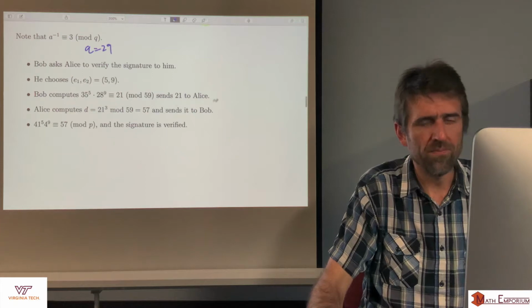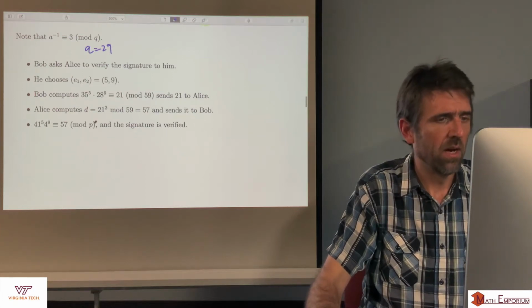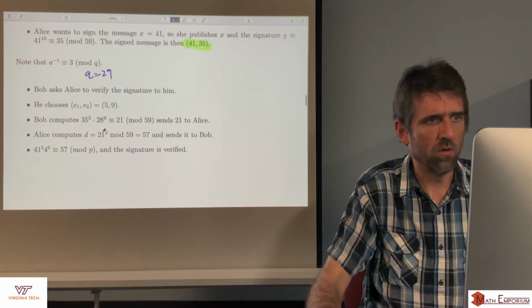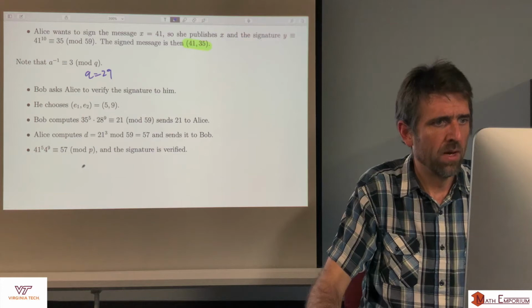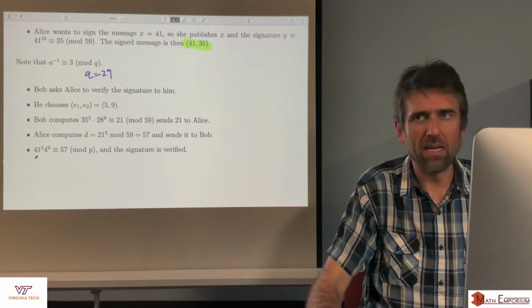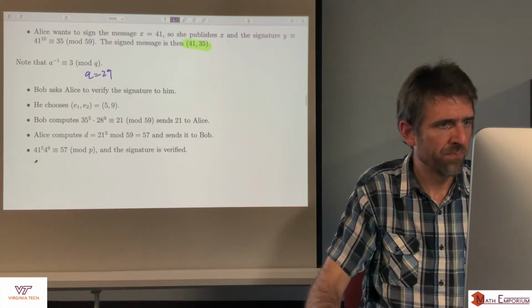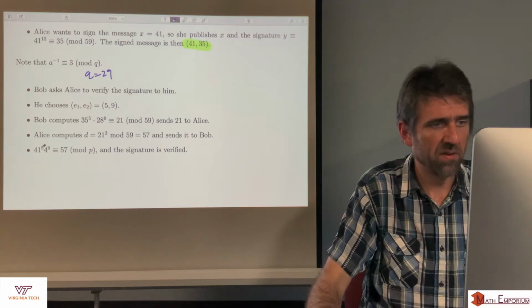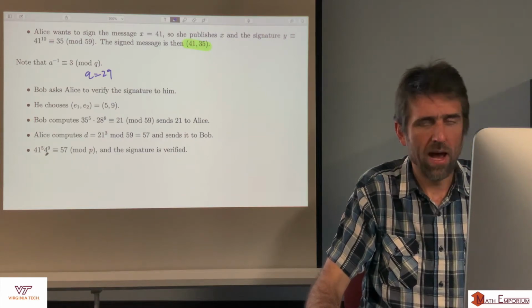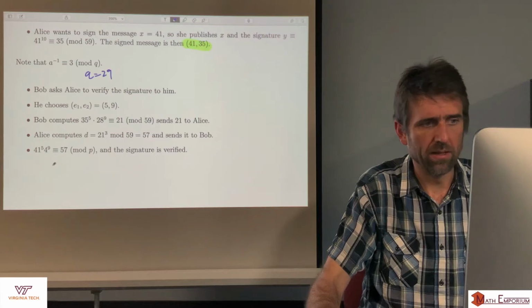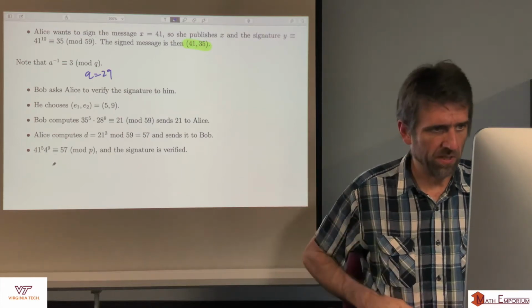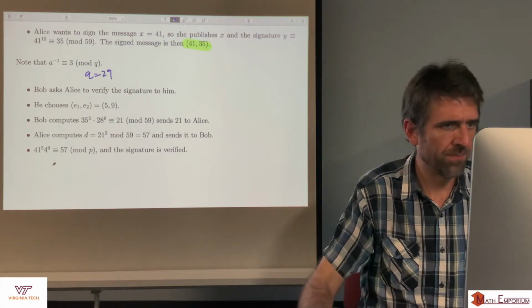He gets 21 and sends 21 to Alice. Then Alice computes 21 to the A inverse, so 21 cubed, which is 57, and sends it back to Bob. Bob then verifies this by computing X to the E1, alpha to the E2, and checking that it also reduces to 57 mod P.